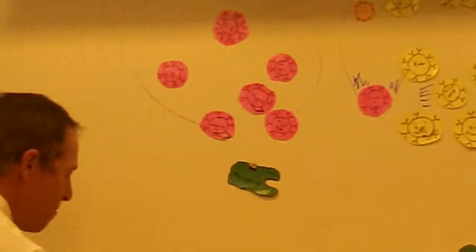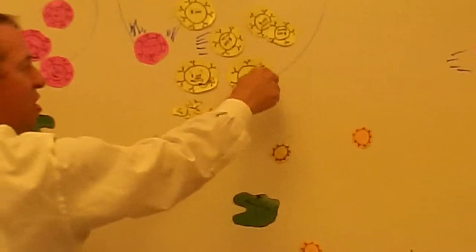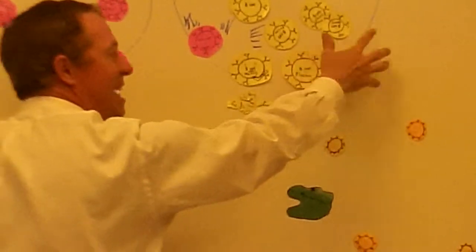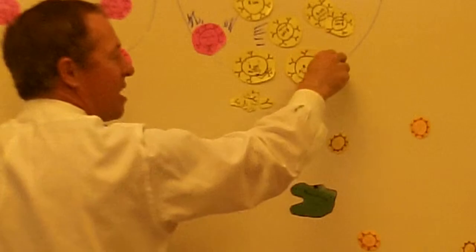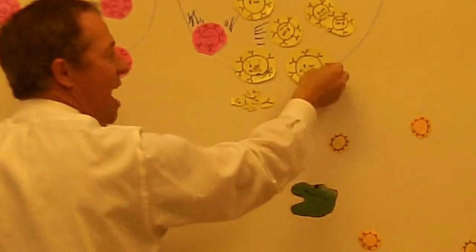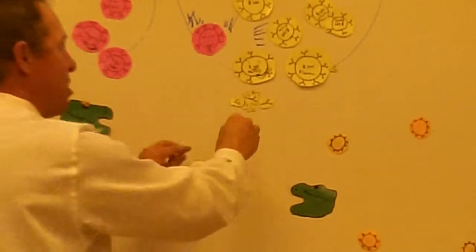In the plasma B cell, all the receptors on its surface, it will release. The plasma B cell makes and releases these Y-shaped receptors. They're proteins called antibodies.